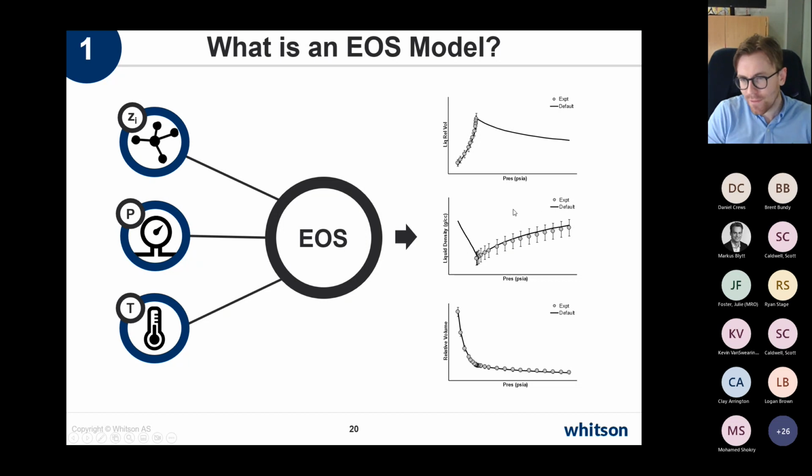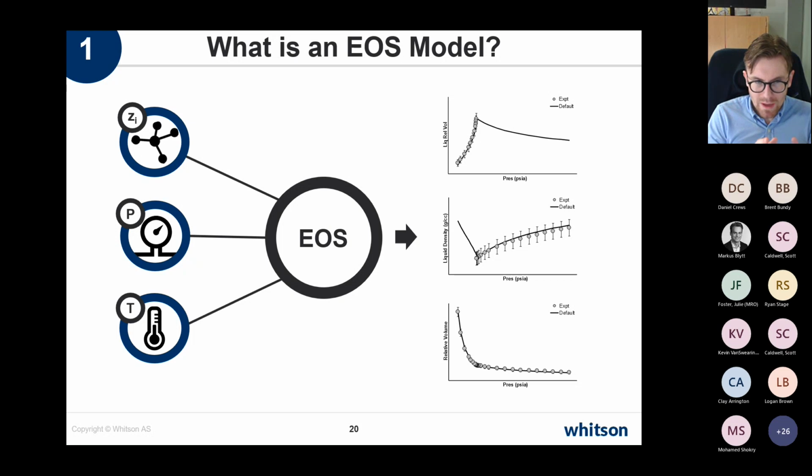That is formation volume factors, solution GORs, compressibilities, saturation pressure types, viscosities, densities, relative volumes, etc. Everything in that sphere you're able to predict with these 3 input parameters.